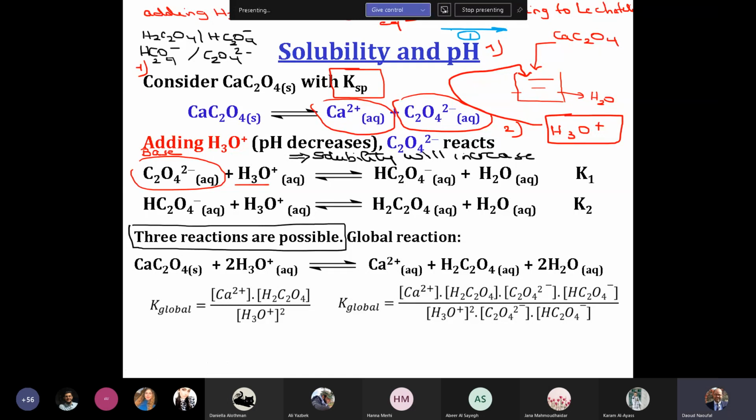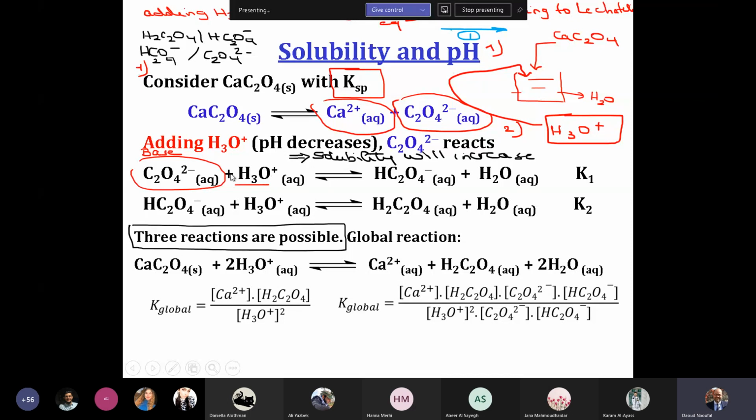So what is the sequence of these three reactions? These three reactions occur at the same time. Why? When C2O4 2- reacts with H3O+, directly C2O4 2- in reaction 1 decreases.